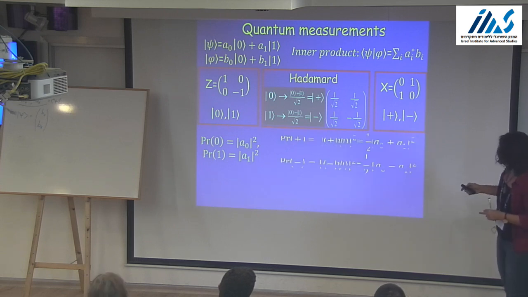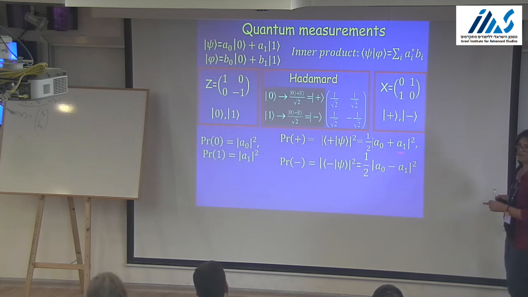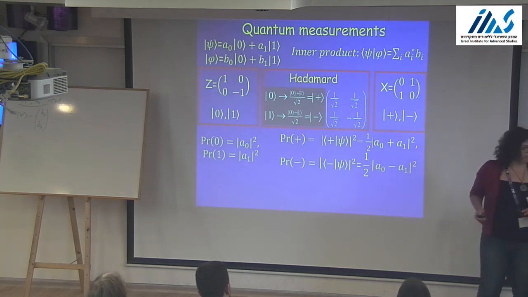And then if we measure this state with respect to this basis, the probability for plus is going to be, again, the norm squared of the projection, which is just the inner product of psi with plus, squared. And you can check that it's just this value, and for minus, it's just this value. Okay?